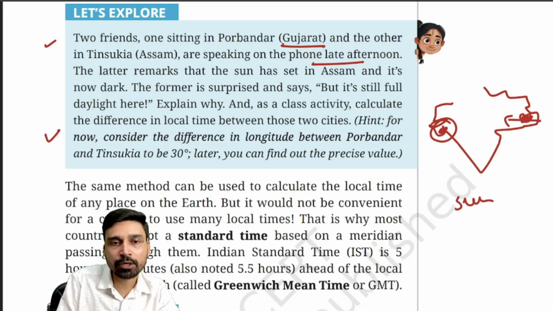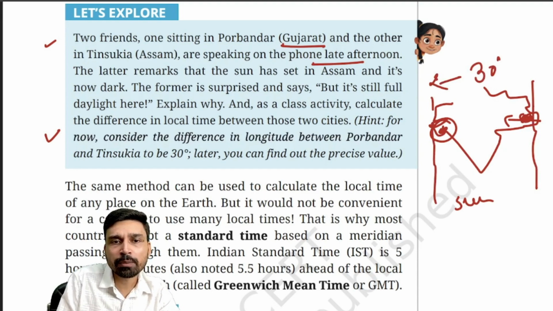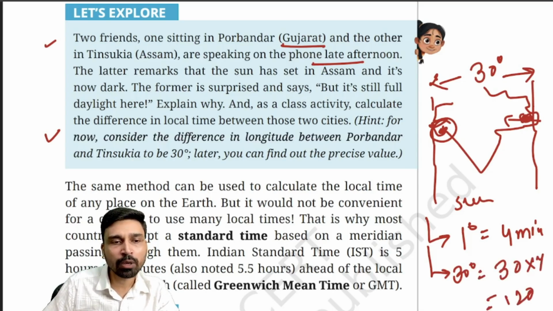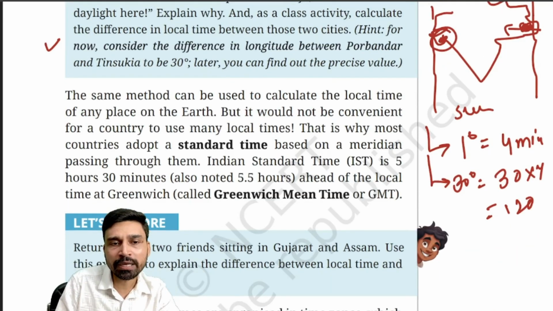If you try to understand Porbandar and Tinsukia, the longitudinal difference comes out to be about 30 degrees. Again, if you apply the same concept, for a 1 degree difference in longitude, time changes by 4 minutes. That means for a 30 degree difference in longitude, time will change by 30 into 4, that is 120 minutes. And 120 minutes is equal to how many hours?